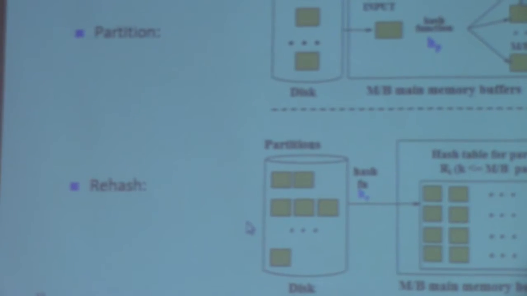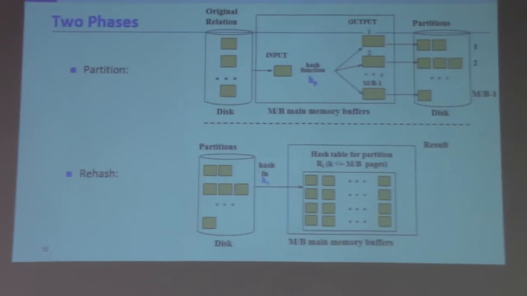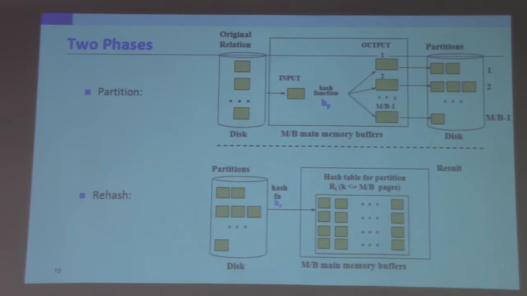Now coming to the rehash phase, what we do is the following. We take all these partitions from the output and now view them as your input. We process partition by partition.